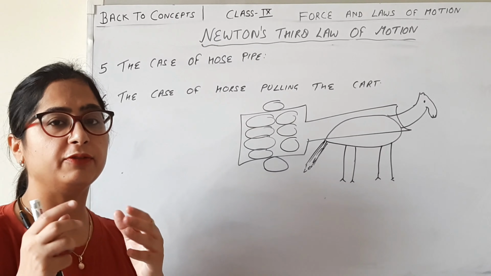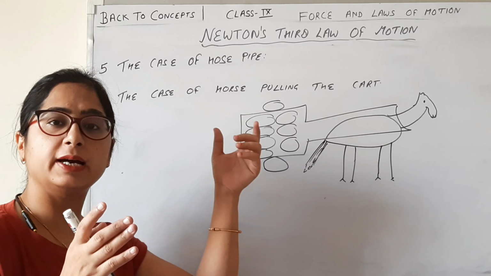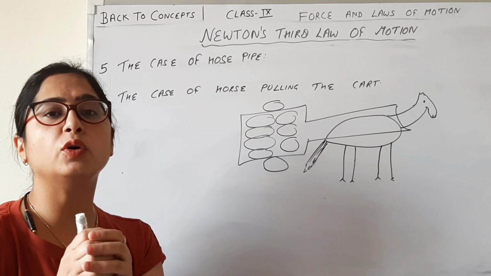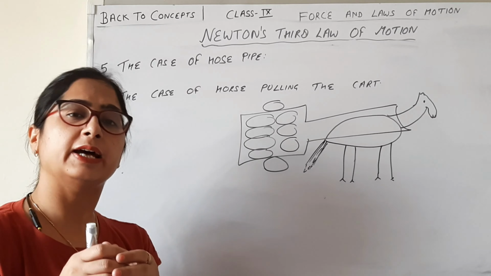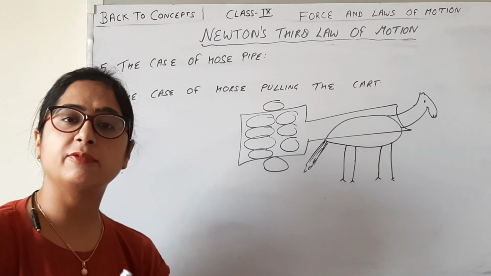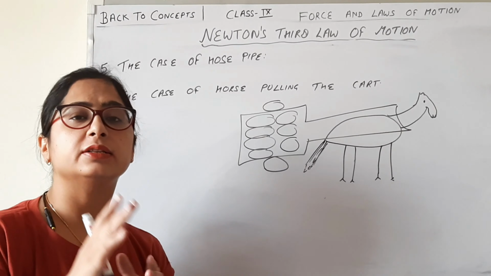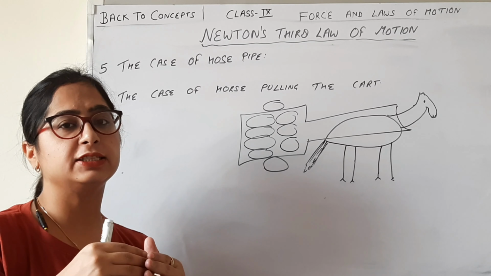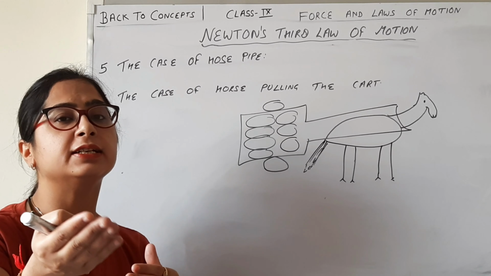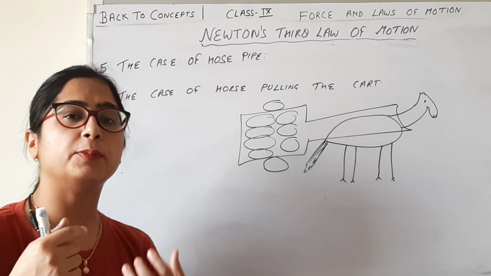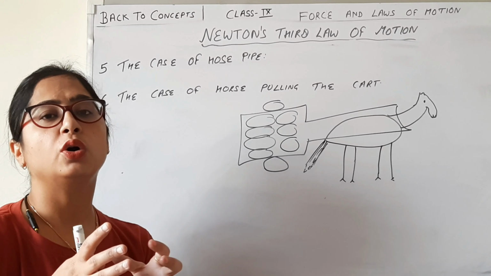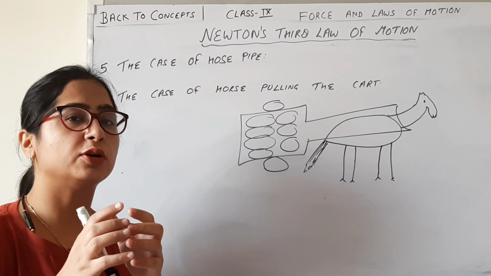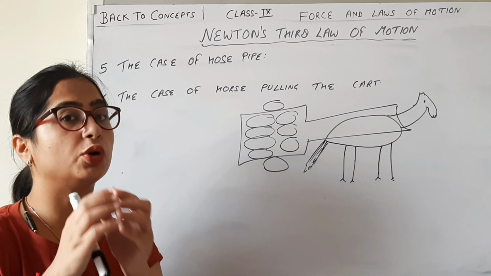So that's why when a fireman uses this hose pipe, he holds it strongly, because the hose pipe has a tendency to go in the backward direction due to Newton's third law of motion. For the action of the water in the forward direction, there must be an equal and opposite reaction. So a fireman must hold this hose pipe strongly.